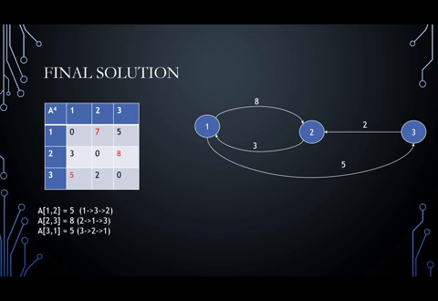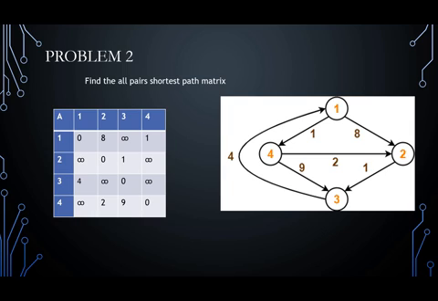So shall we move on to another problem? This time I'll take a problem with 4 nodes. So how many steps will I have to do? 4 steps. In each step, how many triangles will I get? Because the matrix is a 4 cross 4 matrix, I'll get 4 into 4, 16 triangles.